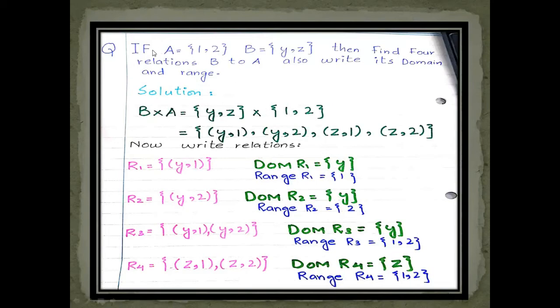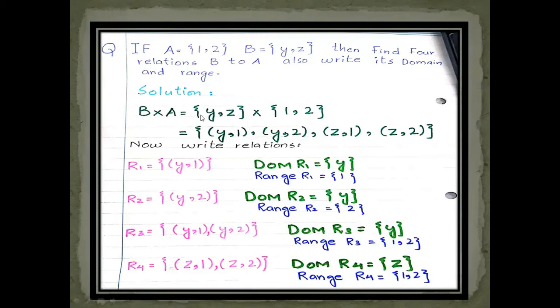Here the question is: if A is equal to {1, 2} and B is equal to {Y, Z}, then find the relation B to A. In this question, this is B multiplied by A. B to A means B multiplied by A. If it's A to B, then we will do A multiplied by B, or A Cartesian product B. Here it is B to A, B multiplied by A. So first write the elements of set B, that is Y, Z, multiplied by the elements of set A, that is 1, 2.